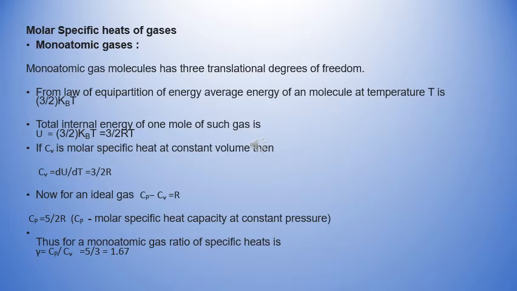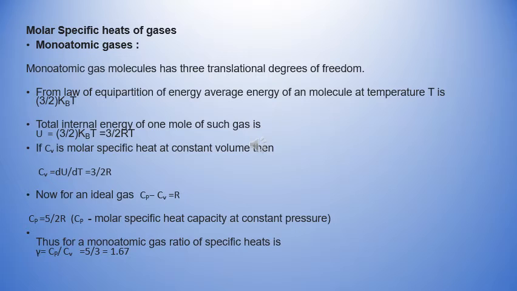The energy associated with a monoatomic gas, as it has 3 degrees of freedom, is 3/2 kT. For 1 mole of such gas, the total internal energy, which is equal to the total kinetic energy for an ideal gas, will be equal to 3/2 RT.